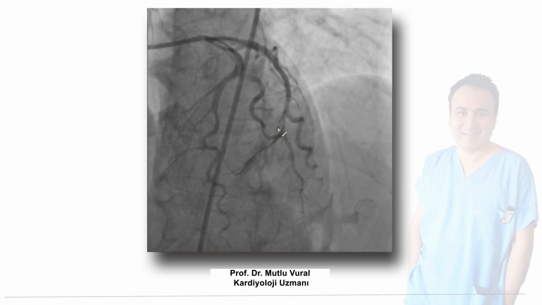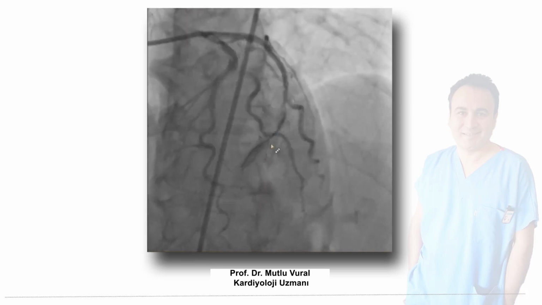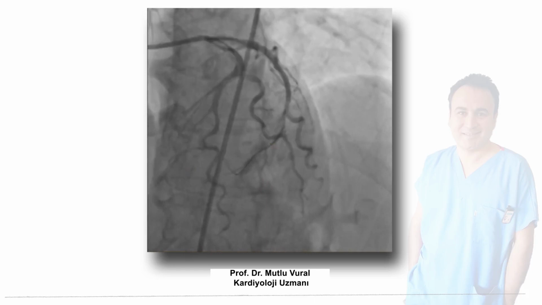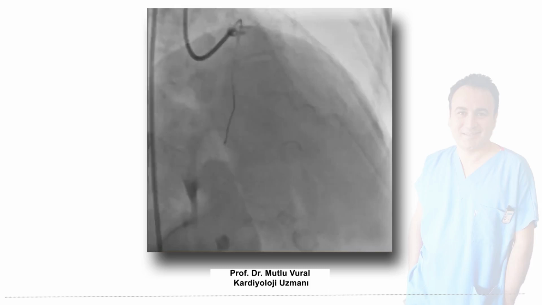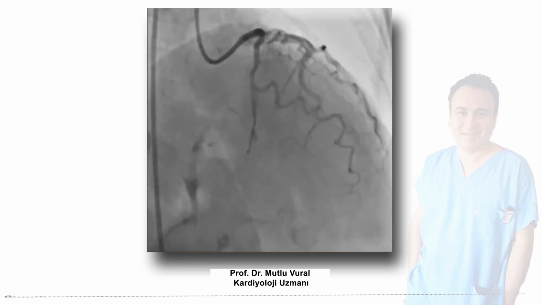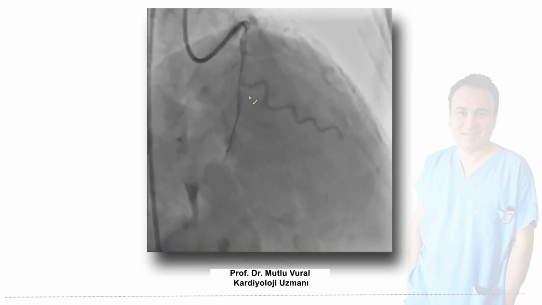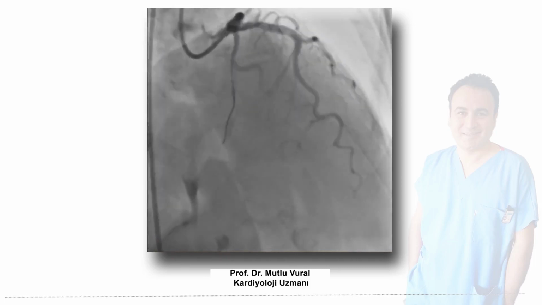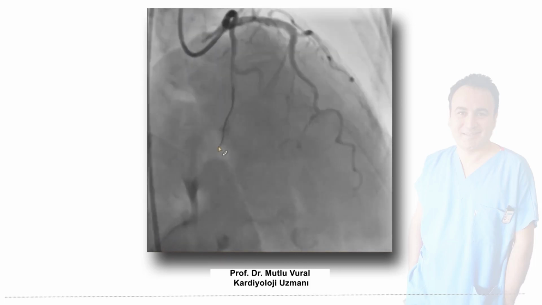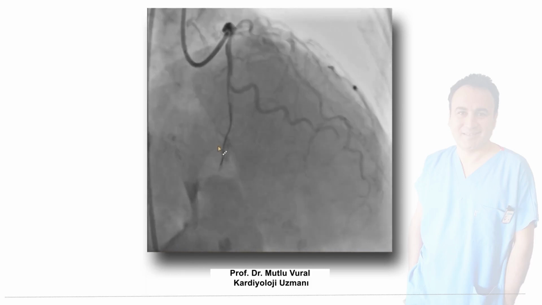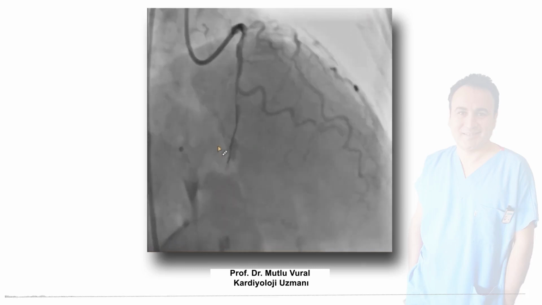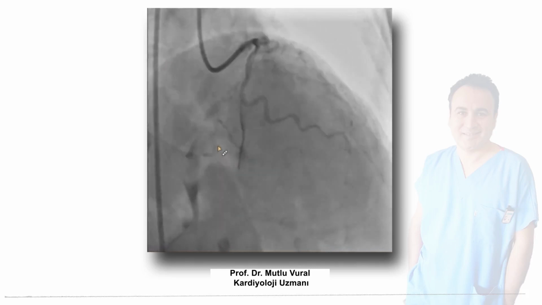This is obtuse margin 3 branch, on the right side, and it is probably the culprit lesion. But my colleague misregarded this as a big artery, although it was rupture. And he is confused about this image.